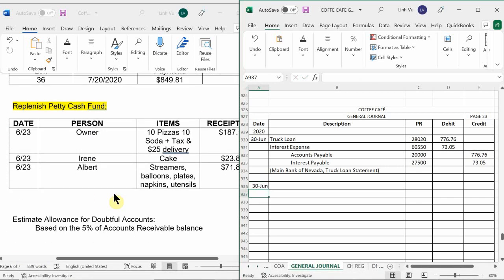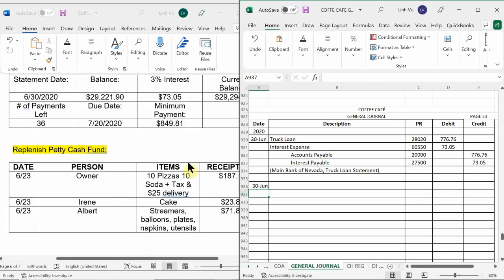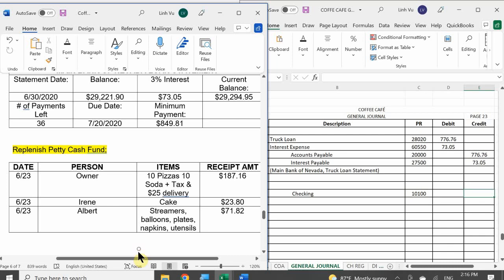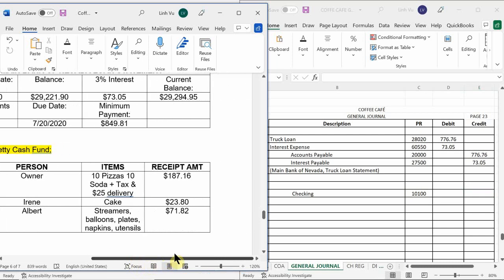Write a check. Okay, so in this case, that's exactly correct. We're going to write a check. For how much? The total amount of the receipts.